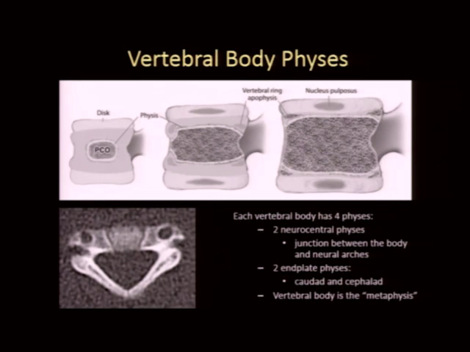So we have the 2 neurocentral synchondroses that you can see here, as well as a growth plate along the inferior and superior aspect of the ossification center. That physis is capped by the ring apophysis, and the ring apophysis, as depicted here, is closely attached to the disc by Sharpey's fibers.